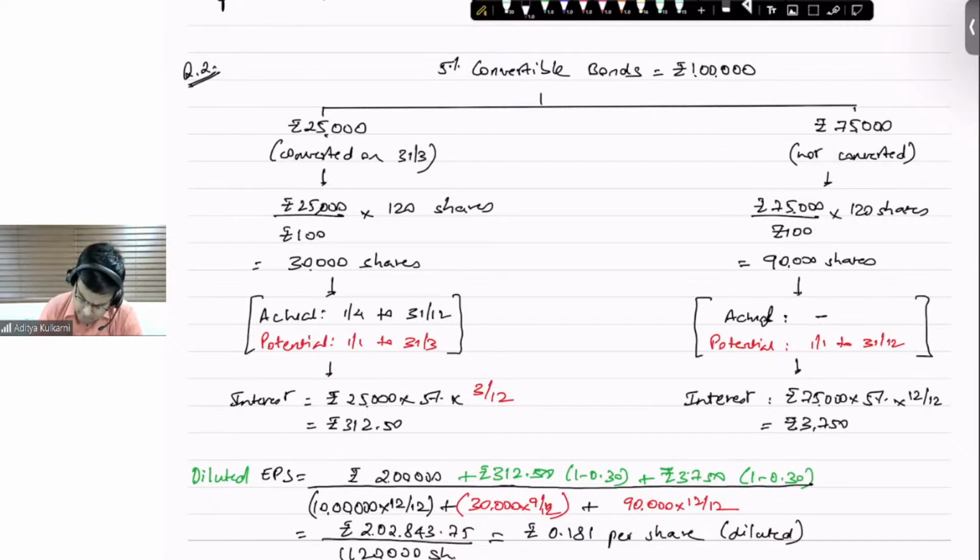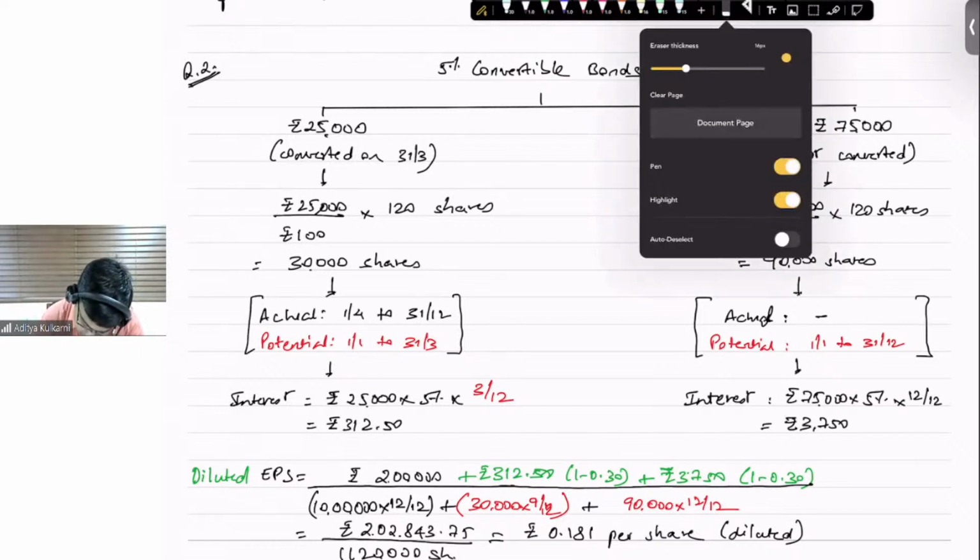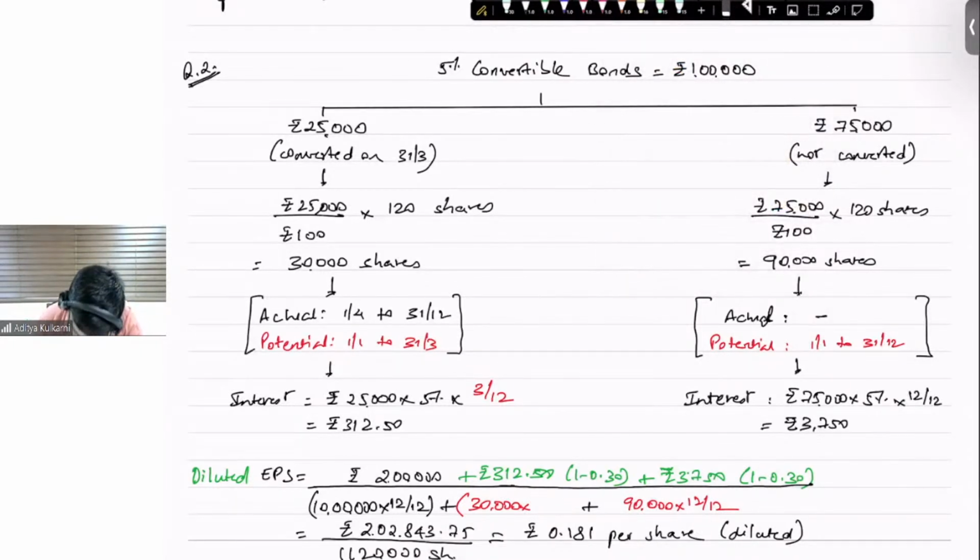Okay. How did we get 11 lakh 20? Just add this: 10 lakh into 12 by 12, 30,000 plus 30,000 into, this is not 9 by 12, sorry, this is 3 by 12.